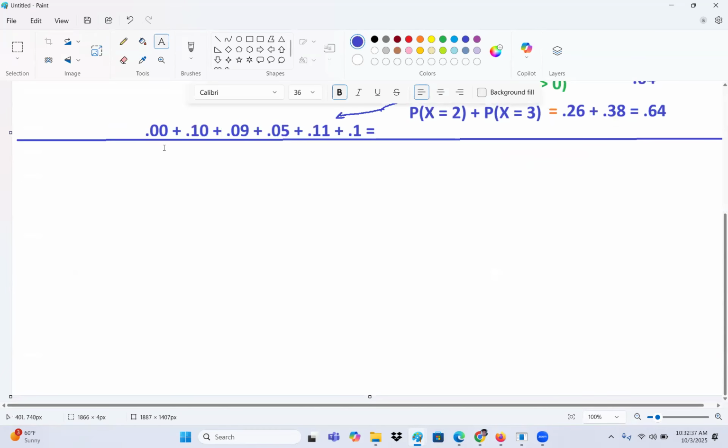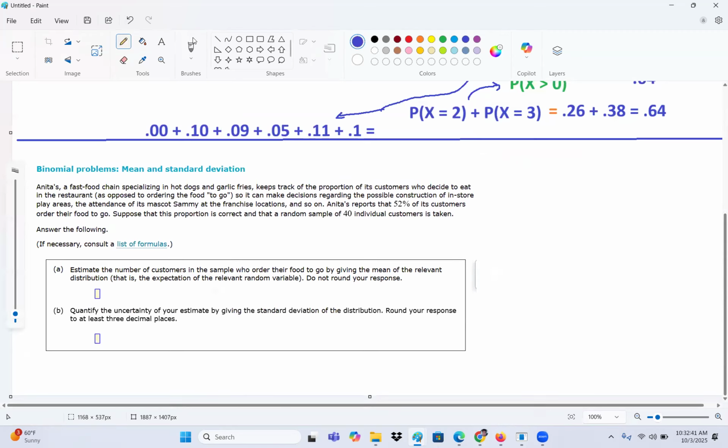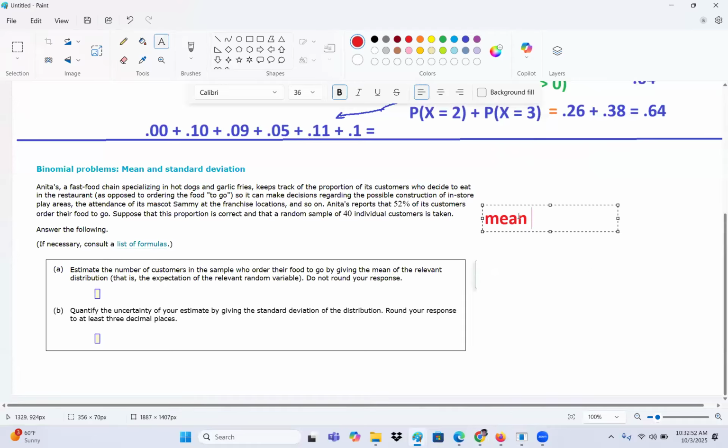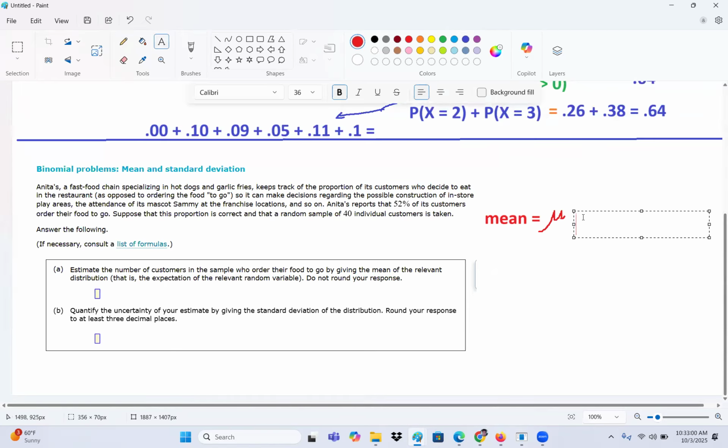We have calculators along the way, so I would suggest you compute the mean. This one we call the mean, which is denoted by that letter, and that equals n times p.